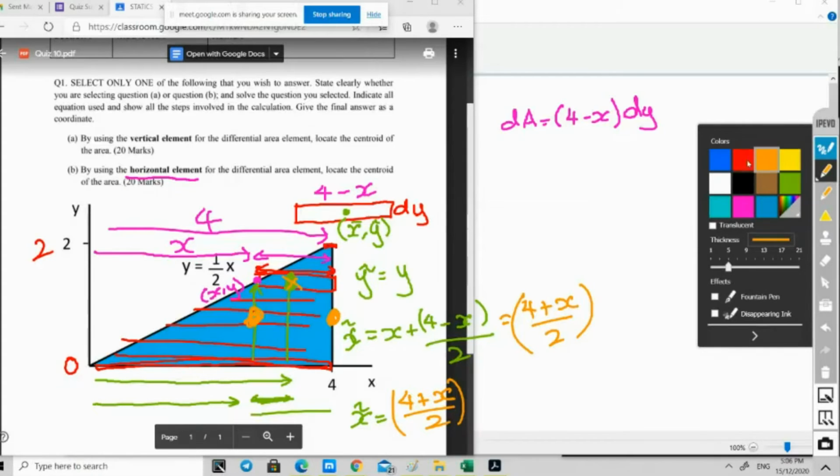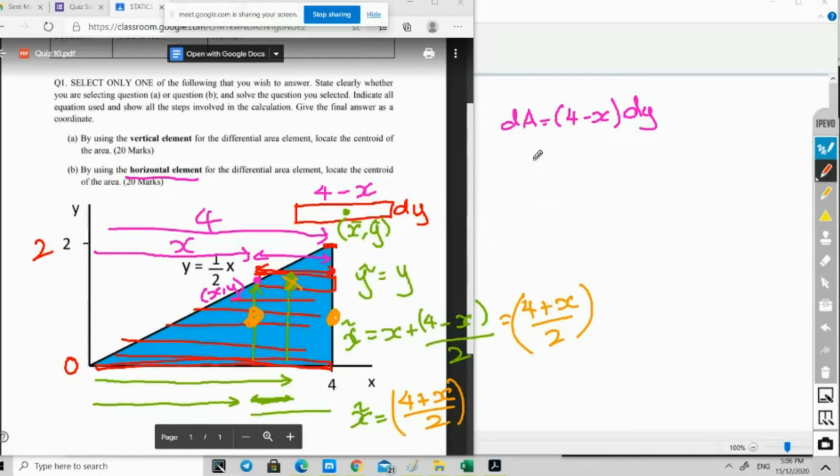So how to calculate further? Then the implication, of course, for example, let's start with x bar equal to the integration, of course, the limit will be from 0 to 2, and then you have x wave, right?